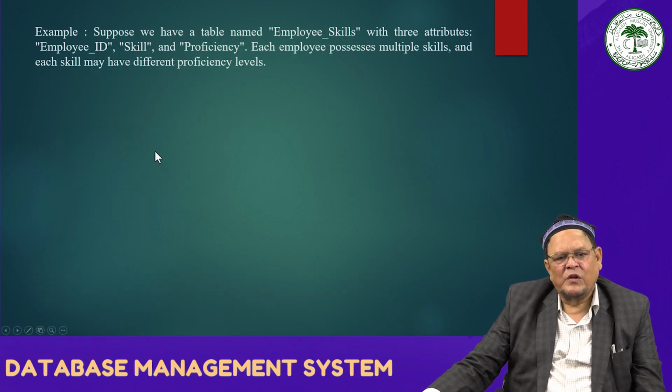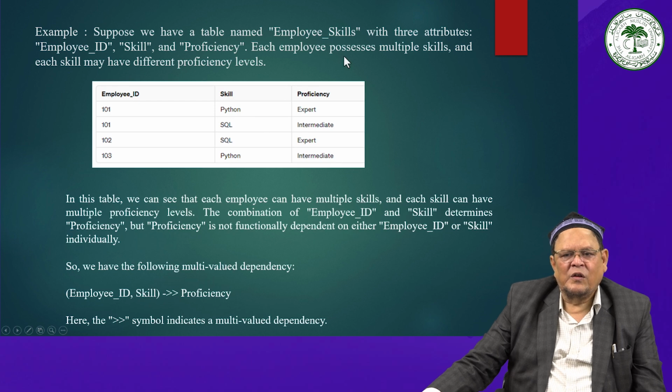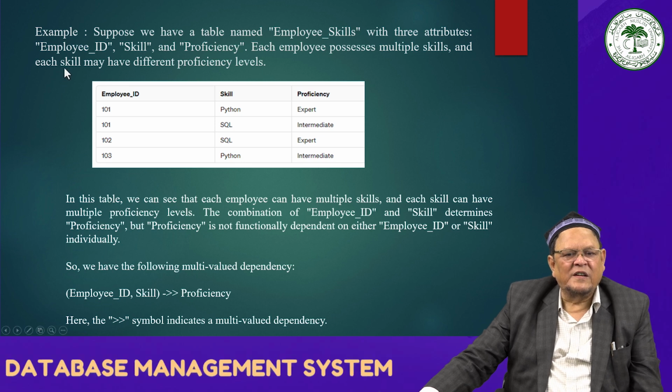For example, we have a table named employee skill with three attributes you can see on the screen: employee ID, skill, and proficiency. Each employee possesses multiple skills, and each skill may have different proficiency levels.